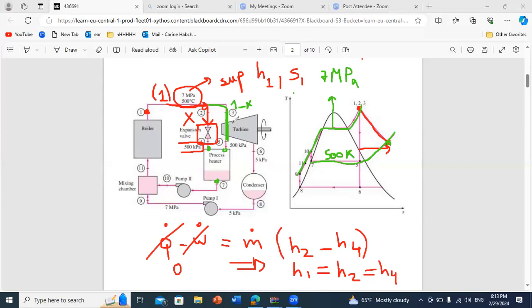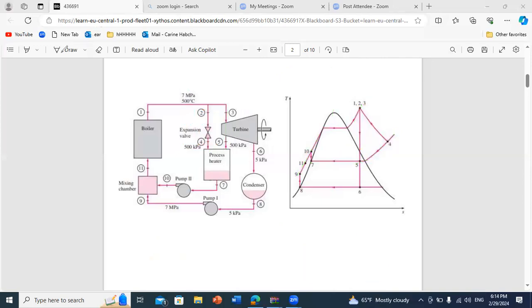So you have expansion, and you know that expansion in a turbine is isentropic. This is a two-stage turbine. This means that first I have a first stage of expansion from a pressure of 7 megapascal to a pressure of 500 kilopascal. And if you check from tables, you know that point 5 is characterized by two properties.